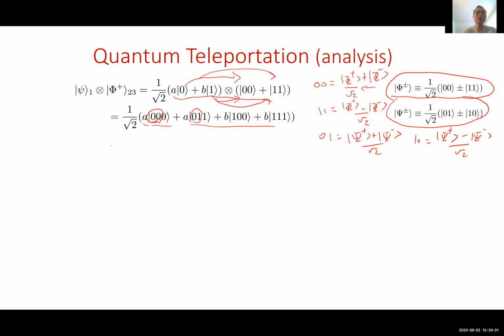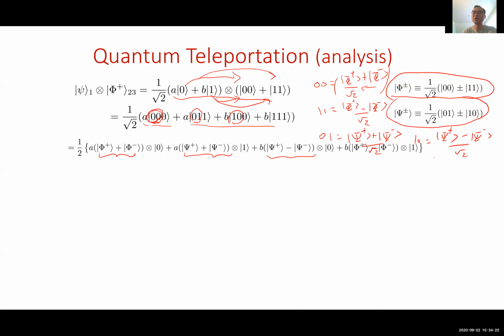So what I'm going to do is replace this 0, 0 by this combination. I think I have that here. So I replace 0, 0 by this combination, 0, 1 by this combination, 1, 0 by this combination, which I derived here, and 1, 1 by this combination.